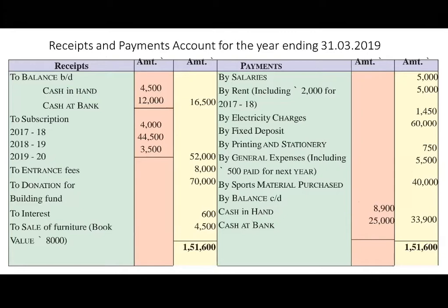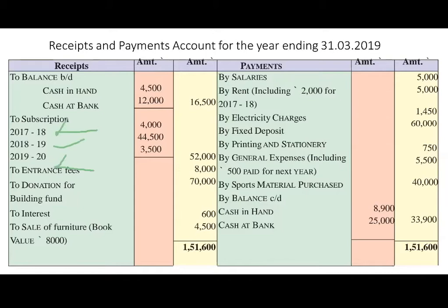Can anyone tell me which is your current year? Okay, correct. It's 2018-19. Which one is your current year? 2018-19, right? ये आपका current year है. Which means ये जो है वो मेरा previous year है और ये जो है वो मेरा next year है.